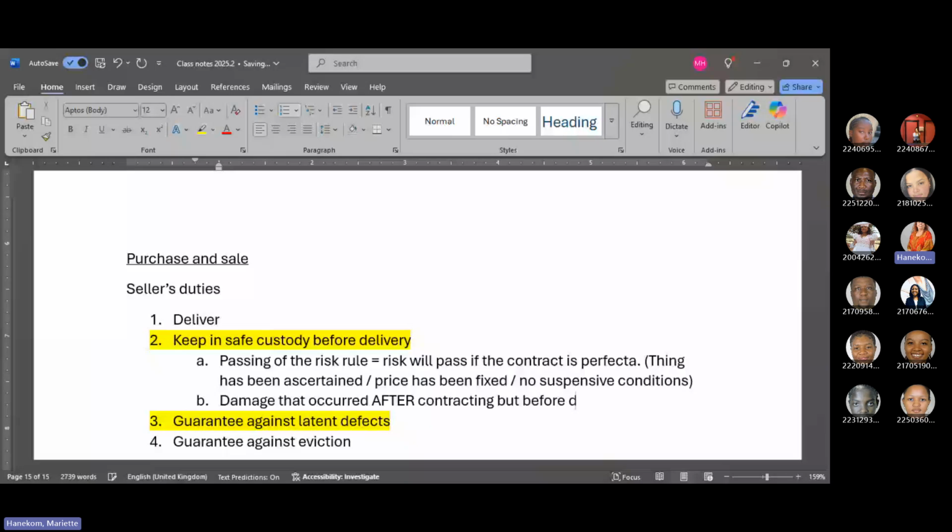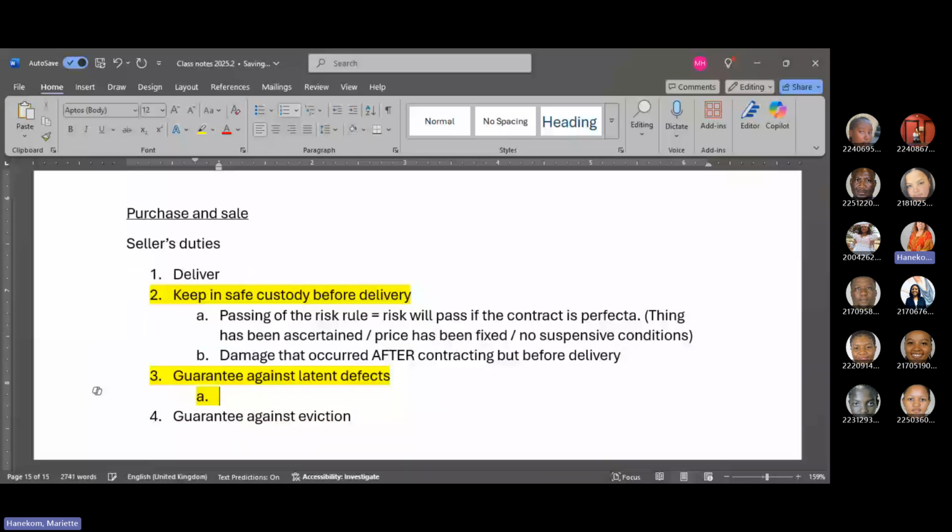The guarantee against latent defects, on the other hand, refers to a latent defect that existed before contracting, before the contract was entered into. Do you see the difference here? Do you understand the difference?